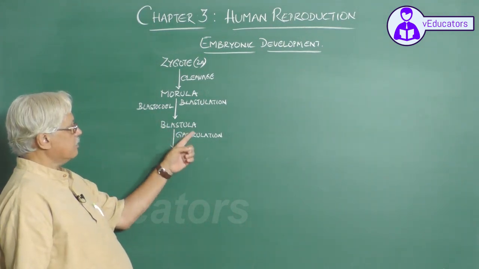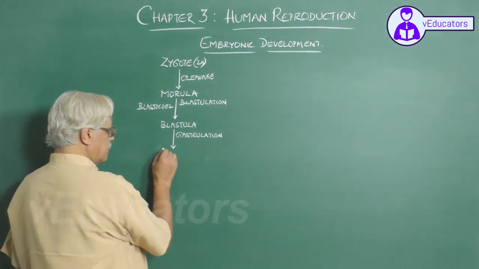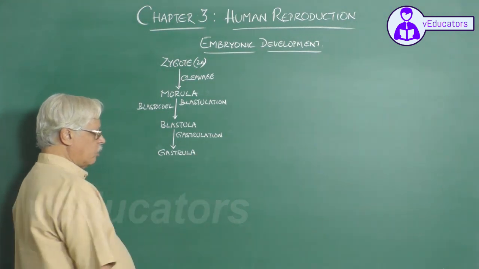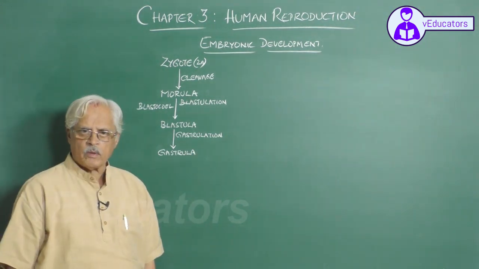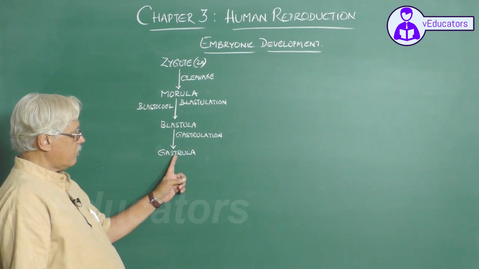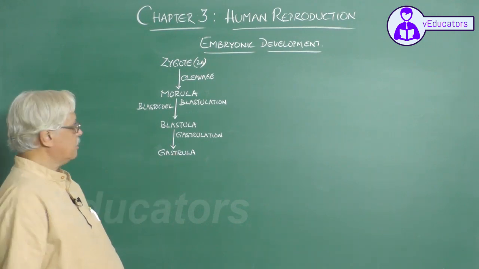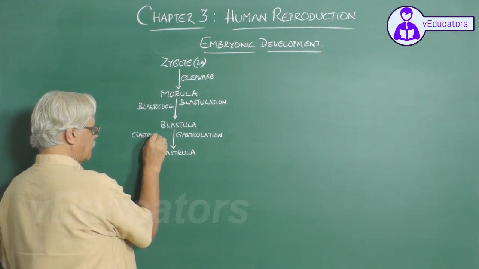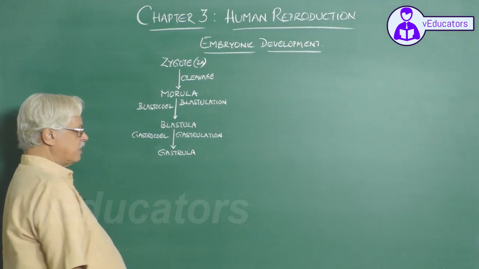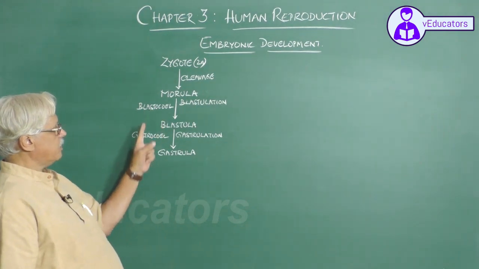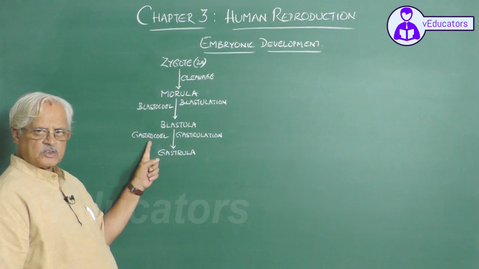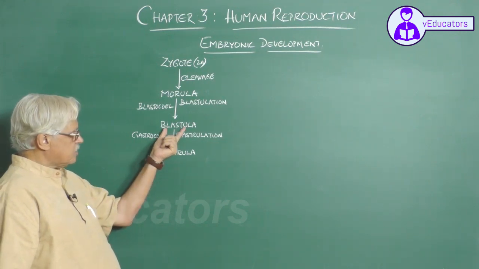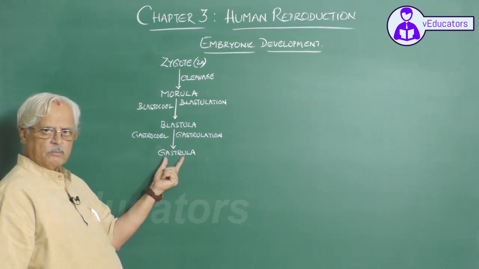The single layered blastula gets transformed into a double layered embryo called gastrula, and this gastrula now contains a new cavity that is called gastrocele. So at the end of gastrulation, blastocele becomes replaced by a gastrocele. Blastula, single layered, has become a double layered embryo called gastrula.